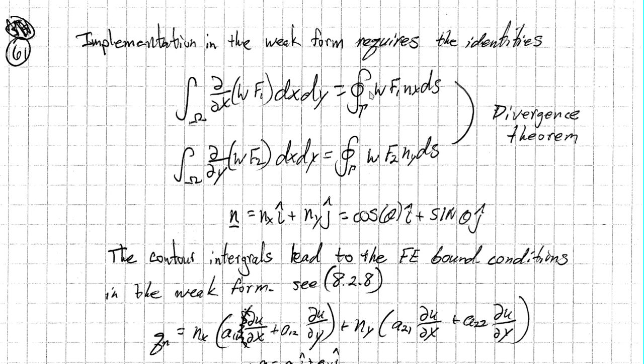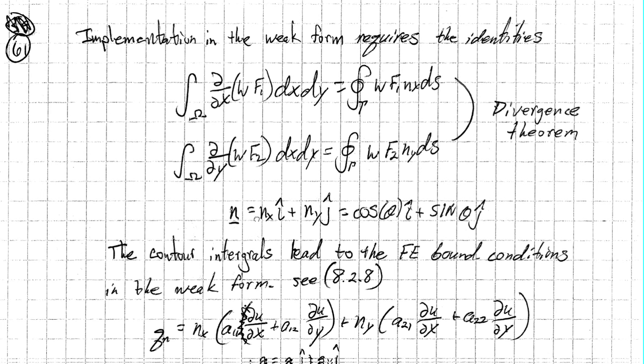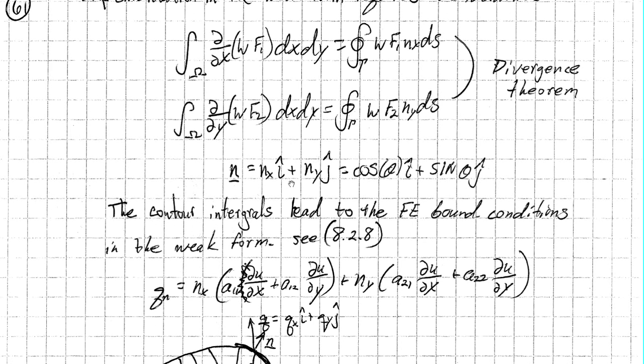So given this identity, and a similar identity for the y direction, we can simplify this PDE down to get it into a weak form, very similar to the 1D problem. And here I've given the definition of the unit normal with the x and y components.